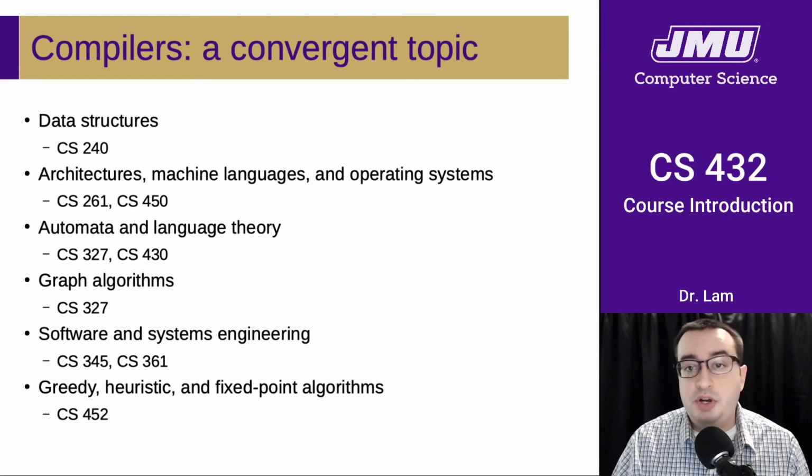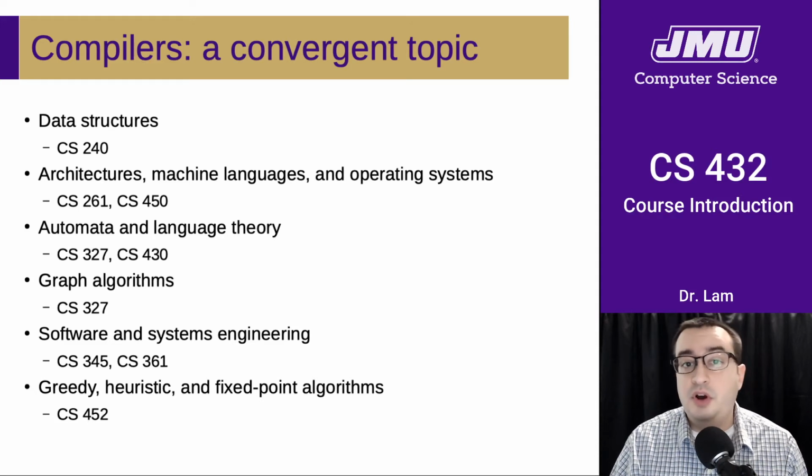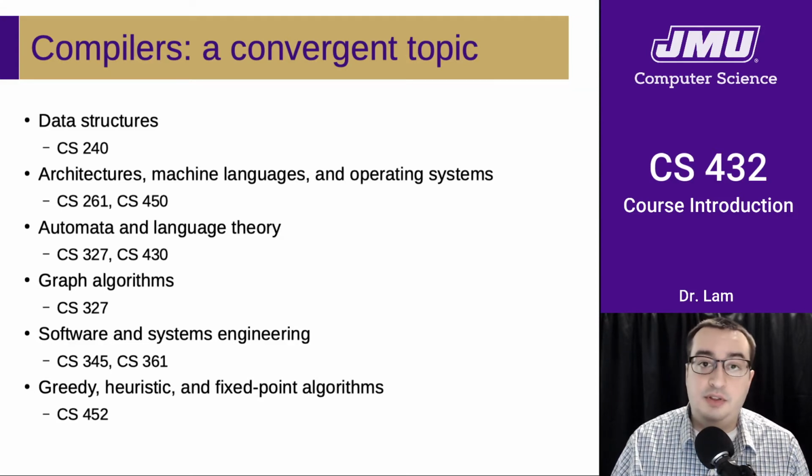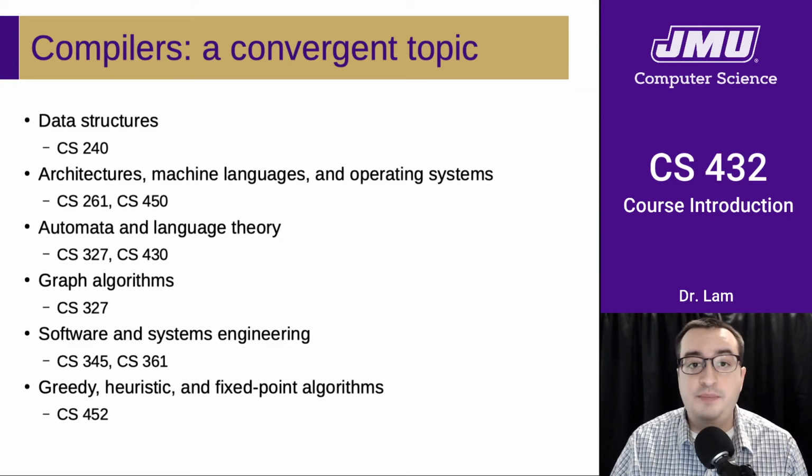So we're actually going to pull from many courses, some of which you've taken before, some of which you may not have taken. So we're going to use data structures, some of the ones you learned about in 240. We're going to have to use architectures and machine languages and operating systems, which you encountered already in 261 and may have seen more of in 450 if you've taken that. We're going to study automata and language theory.